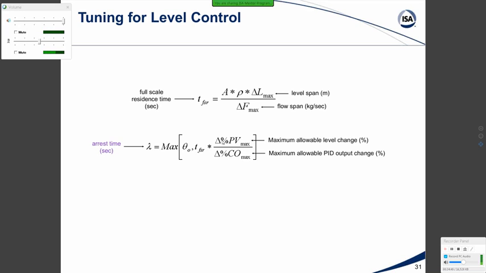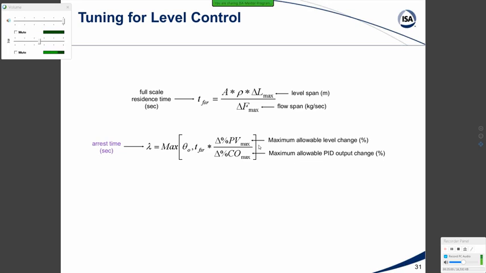So there's a maximum allowable level change between your operating point and, say, an alarm point. And then there's a maximum allowable PID output change from what you have now versus, say, an output limit. You plug those into the equation, and it comes up with a more intelligent reset time.